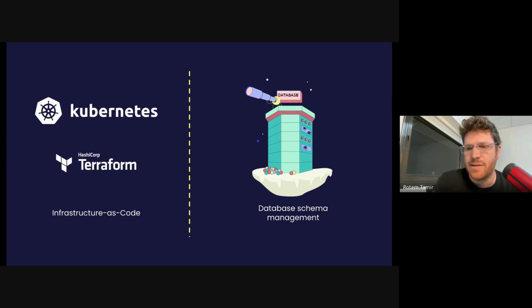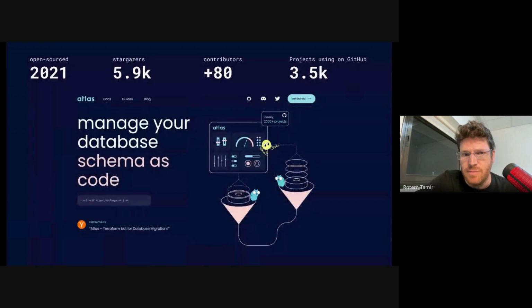But 4 years ago, when Ariel and I started the company, one of the things that bothered us was that this paradigm didn't really trickle down into database schema management. We saw this gap between infrastructure as code and database schema management, which drove us to build Atlas. Atlas is 3 and something years old.